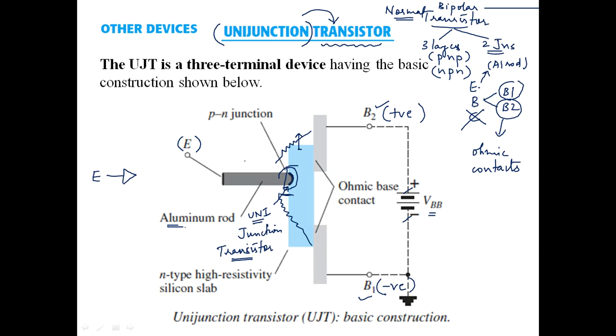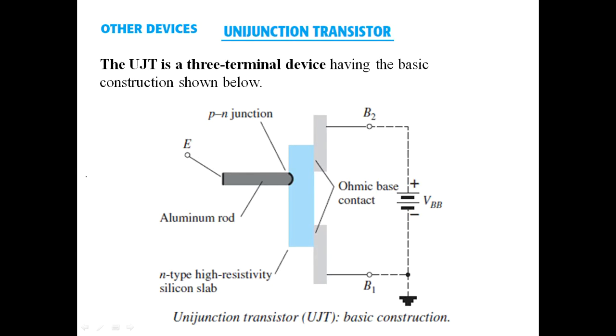I'll just erase this so that it will be easy for us to understand. So that's the emitter, and this is the PN junction diode. I am talking about this particular region. Now this is followed by two base regions wherein there is resistance associated, right, between these two things.